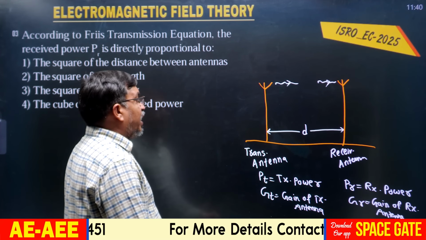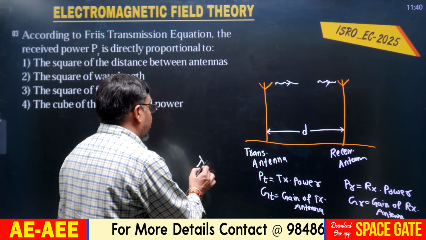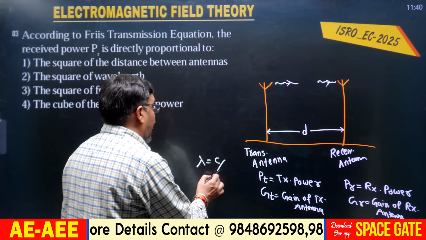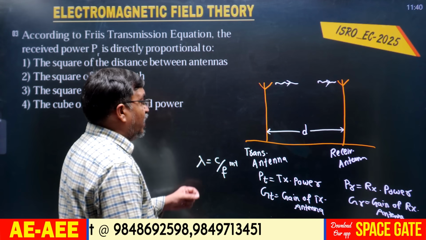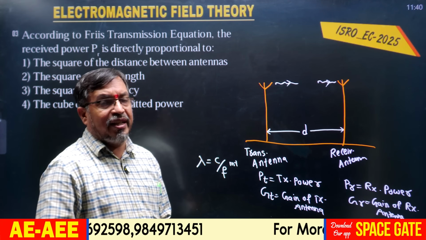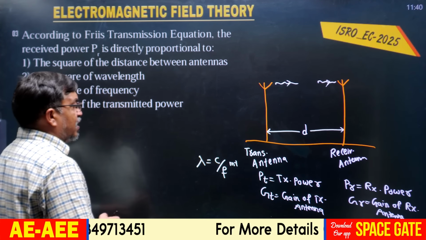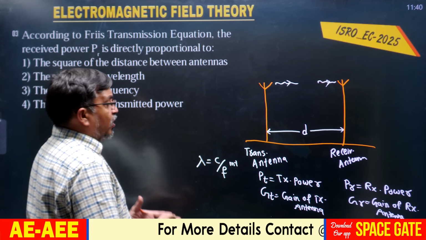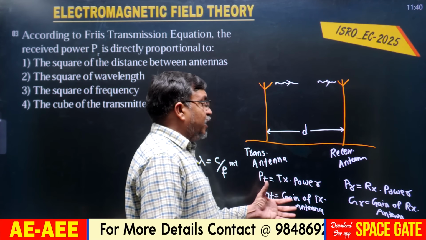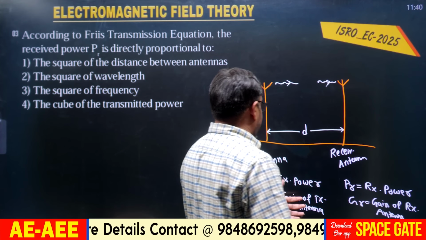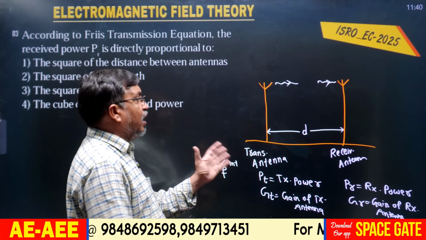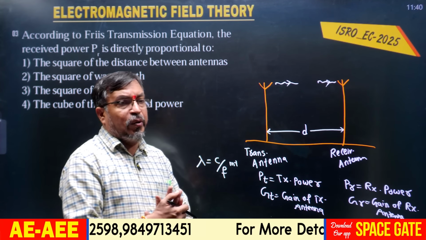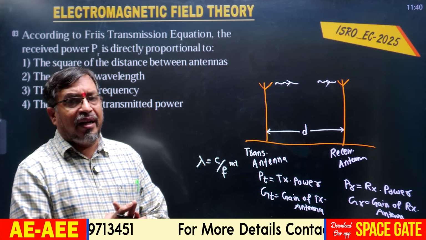If F is the operating frequency, then lambda equals C by F meters, where lambda is the wavelength of the signal. So PT is transmitted power, PR received power, GT and GR the gains, D the distance between two antennas, and lambda the wavelength.